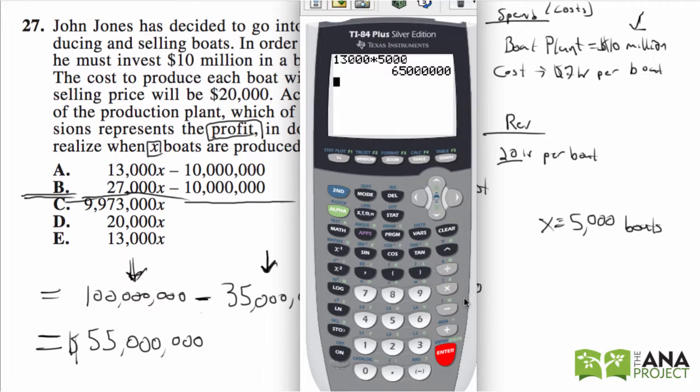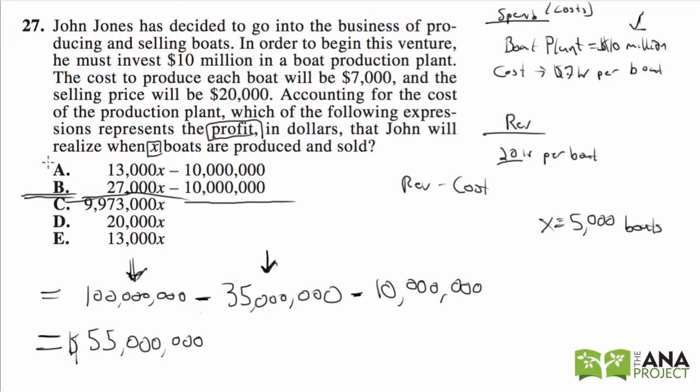That's 65 million. And then when we subtract 10 million, we get 55 million. A lot of zeros. And that's 55 million. So the correct answer is A.